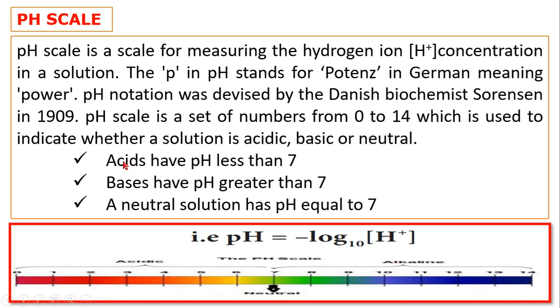So acids have pH less than 7. A pH value less than 7 means the solution is acidic, greater than 7 means it is basic, and pH equal to 7 means it is a neutral solution. So the pH value alone decides whether the solution is acidic, basic or neutral.